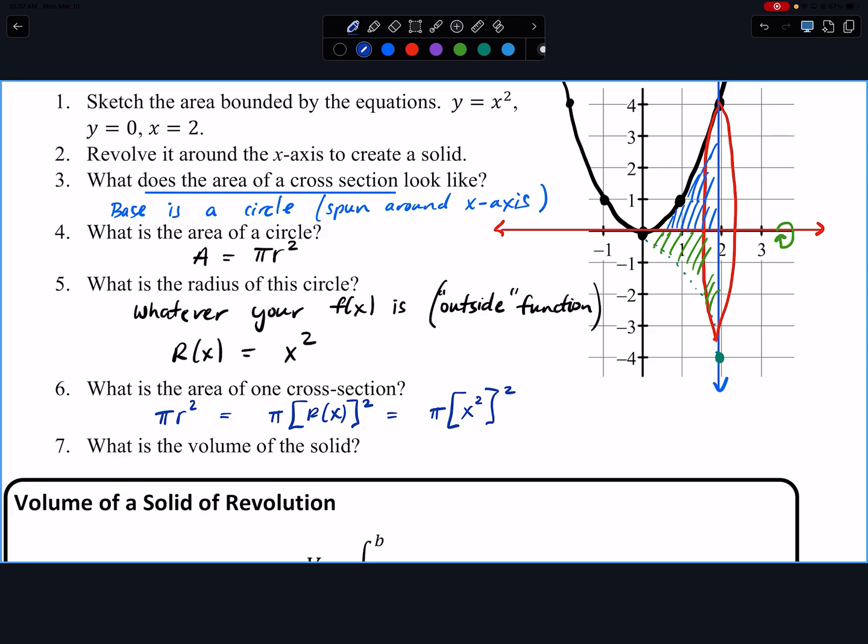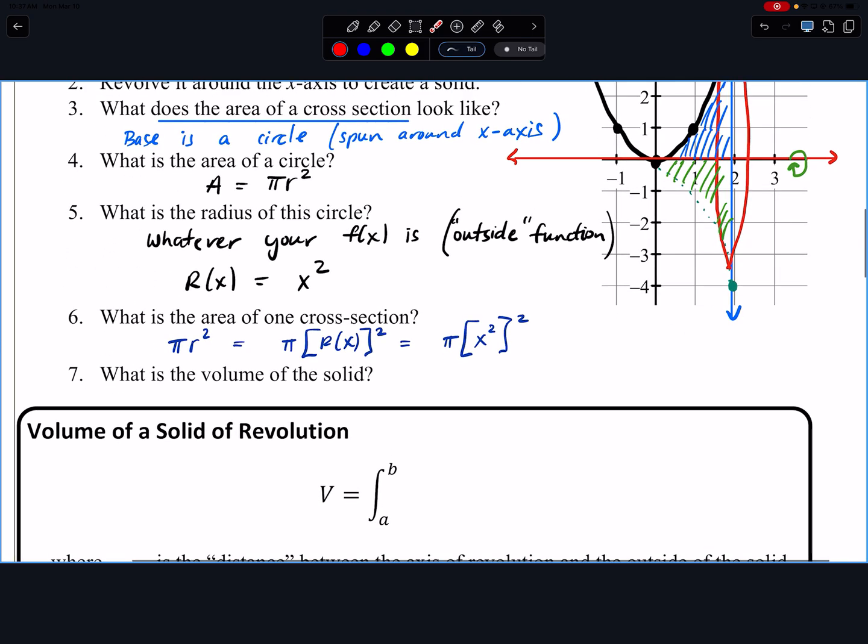Okay. So if that's the area, or sorry, if that's the volume of one cross section, how do I find the volume of all the cross sections? Which calculus operation do I need to do? What have we been doing for 2 months, guys? You guys are embarrassing me. Take the integral, right?